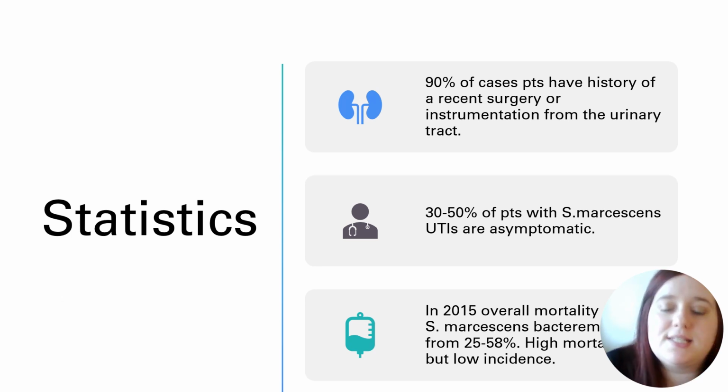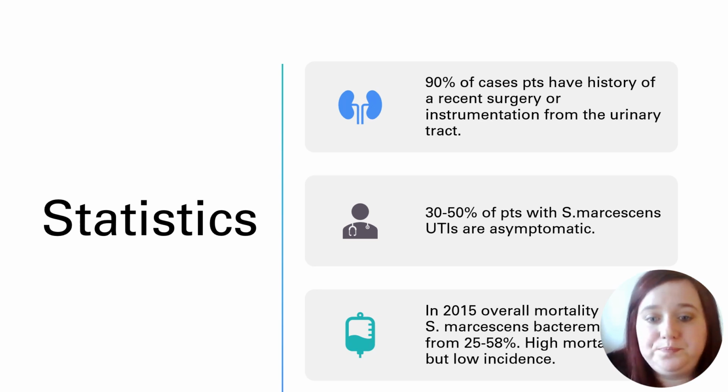For the statistics, I was trying to find recent studies on morbidity versus mortality of Serratia marcescens. The most recent one I found was an article from 2015, but here are just a few other statistics I found. 90% of cases have a history of a recent surgery or instrumentation of the urinary tract. 30 to 50% of patients with Serratia marcescens UTIs are asymptomatic.